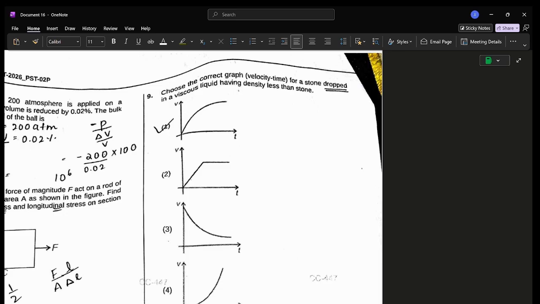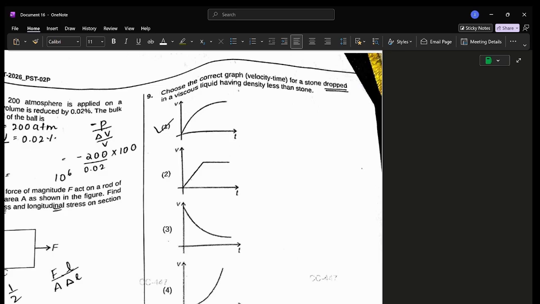So when a stone is dropped, the initial velocity is zero, and if it's thrown, then the initial velocity is more than the terminal velocity. When it's dropped, it accelerates downwards, but if it is thrown, then it decelerates downwards. Viscous drag force when it is dropped will be zero, but if it is thrown, it will be high.